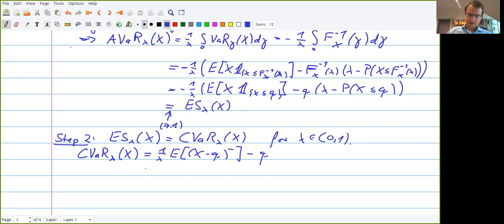That's nothing else than 1 over lambda times the expected value of x minus q multiplied with the indicator function that x is less or equal than q.